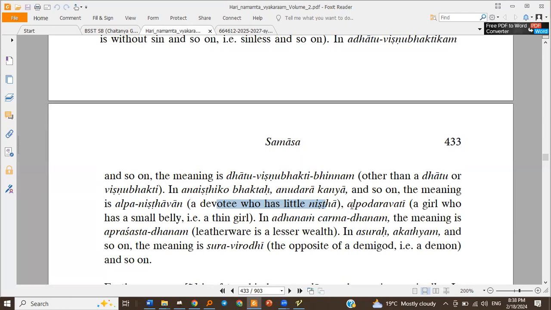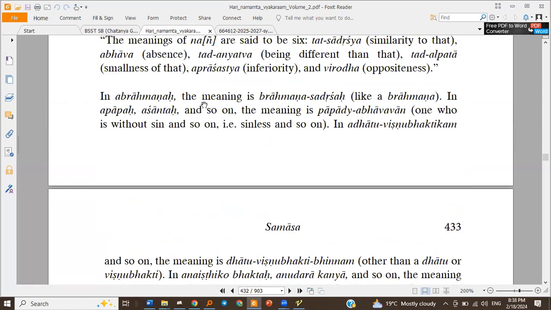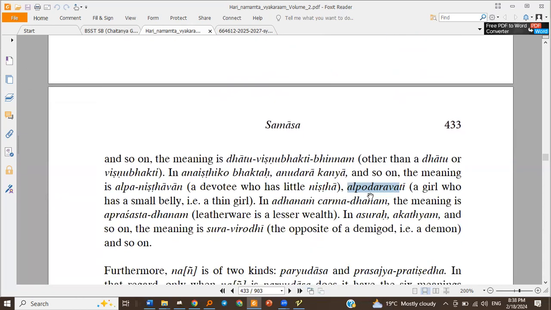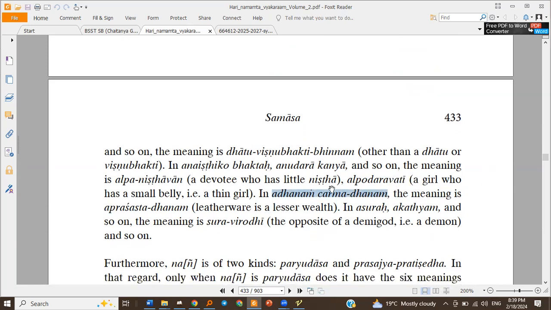One second. This alpodaravati is also the fourth kind actually, smallness, alpata. Actually, alpodaravati is just a gloss for Anudara Kanya, which means alpa udaravati, a girl who has a small belly. Then in adhanam charma dhanam, the meaning is aprashast dhanam.